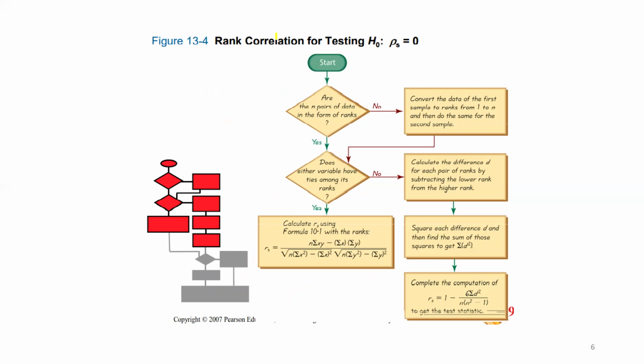This is a figure with two parts, so you can see this image. This is the whole flow chart for the rank correlation test. Here it describes the red half, and in the next slide you can see the other half. Altogether you should consider all of it to have a good idea. Let's see how you start.